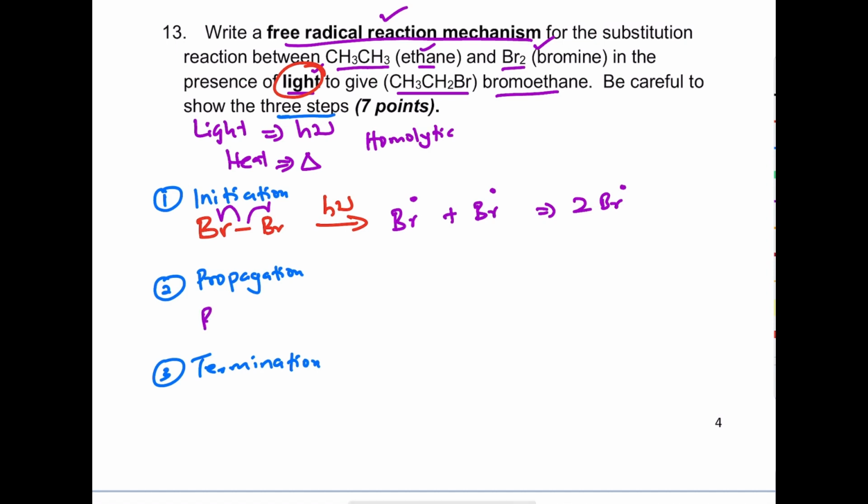For step number 2, you bring the bromine radical that was formed in the first step, and then that will react with the ethane that we have here. So CH3CH3, and I'm going to rewrite that as H-CH2-CH3. The reason I want to show this H-C bond is because I'm going to break it in the course of this reaction. And because it's a single electron process, the bromine radical will form a bond with that hydrogen, and the hydrogen will break also.